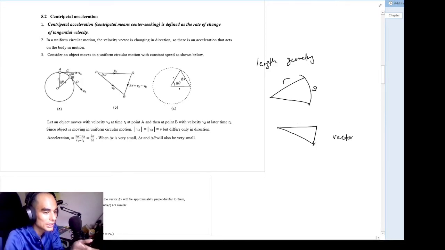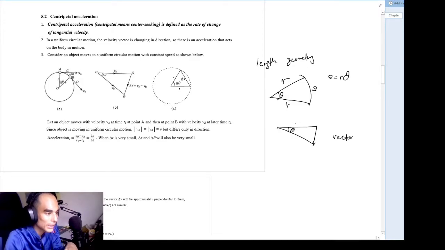For the geometry we only have R. Of course, R will be the same on top and the bottom. And S is what we call the arc because of the R, right? And S equals R theta. And this theta will be the same over on the vector diagram.